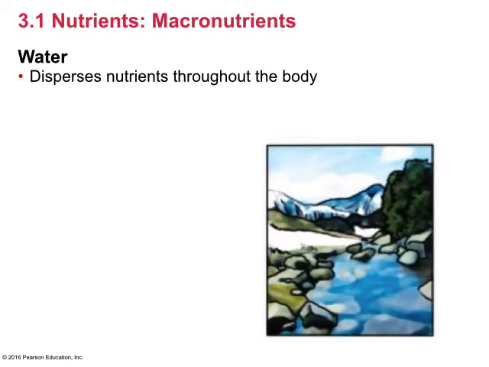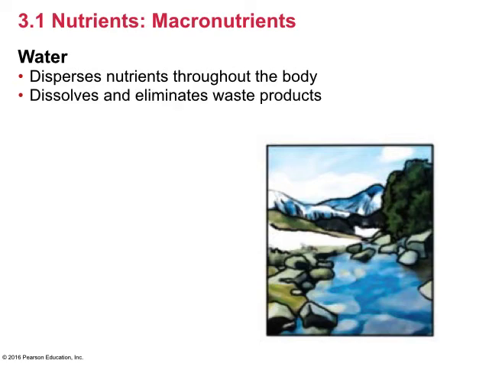Water is important because it disperses nutrients throughout the body. Your circulatory system, blood, is actually made up mostly of water. So water is what helps blood flow through to the different parts of your body so that cells can get nutrients and oxygen. And it dissolves and eliminates waste products, which you pee out, right?